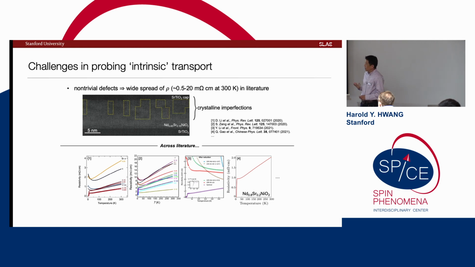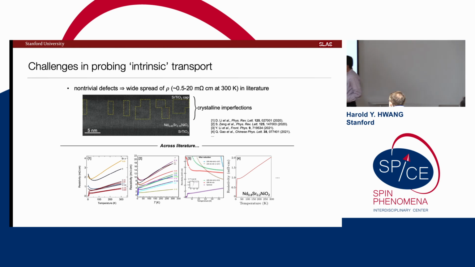And we think this is the cause of essentially factor of 100 or so variations in the scale of the resistivity and even the temperature dependence. So this is just our first few papers from various groups across the literature. You can see, quite interestingly, things like the superconducting dome and phase diagram are nominally quite similar, but the resistivity is really all over the map.